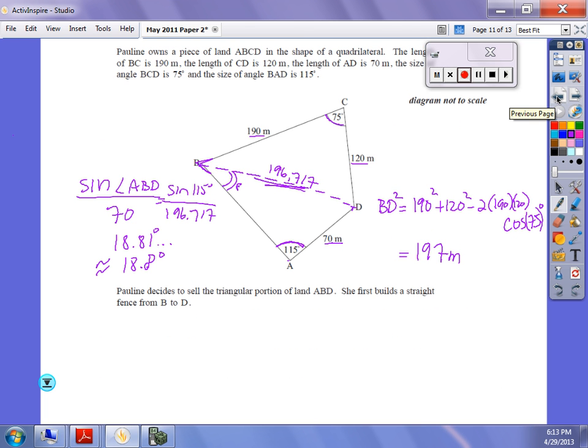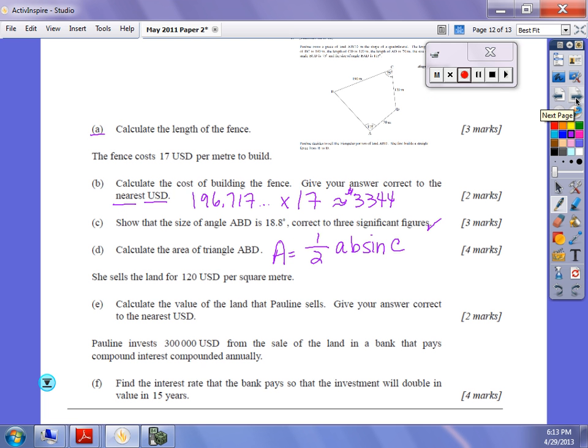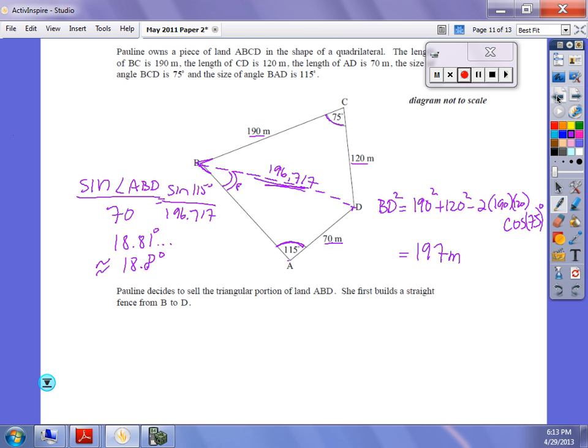Let's go back and look at our diagram, and we want to calculate the area of, what are we looking for this time? We're looking for, sorry about that, area of triangle ABD. We know this is 18.81, and we need two sides and an included angle.